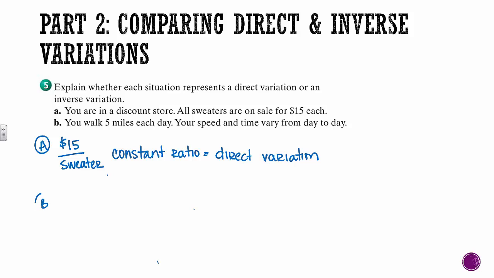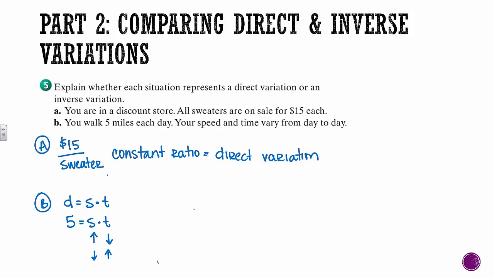For the next one, it says you walk 5 miles each day. Your speed and time vary from day to day. So remember that distance equals speed times time. Our distance is staying the same, 5 miles, but these two things, S and T, are changing. So that means if you increase your speed, your time is going to decrease. Or if you decrease your speed, your time is going to increase. So if you take a look at those arrows, they show opposites.